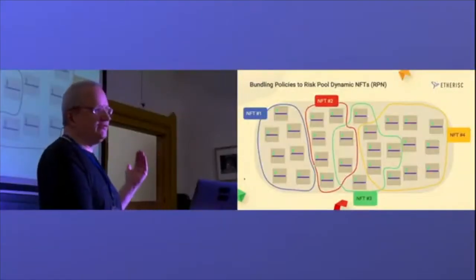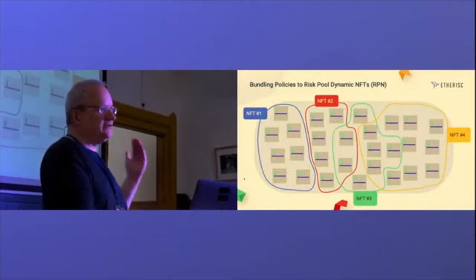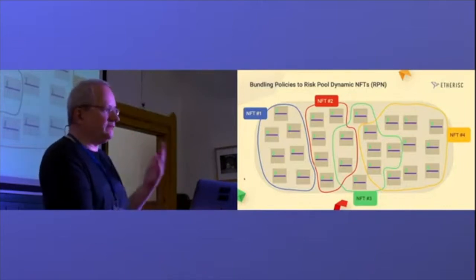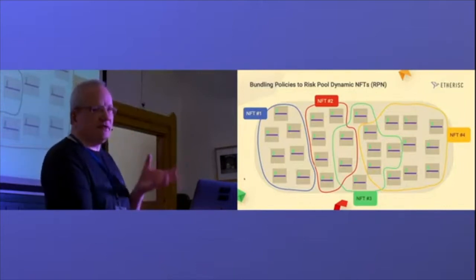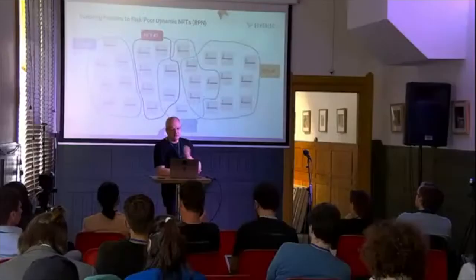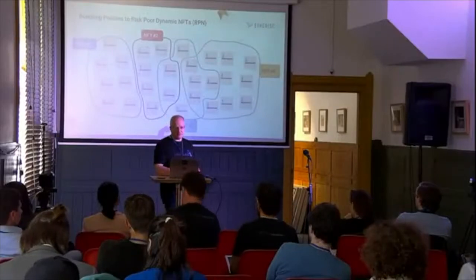These NFTs can be bundled by various criteria, either by time, all policies which come in 2022, all policies which cover flights from Europe, all policies which cover flights in Latin America, all policies which cover Lufthansa flights, whatever. So there are many different ways to bundle these NFTs, and it's completely open. It's up to you as a product designer or risk pool designer to create the criteria for these NFTs.